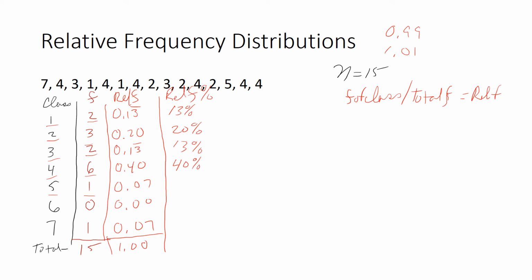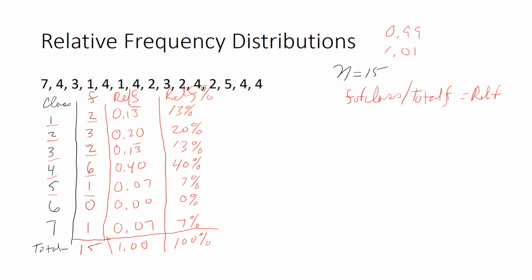Class of 5, frequency of 1, that gives us 7% of the entire distribution. Class of 6 with a frequency of 0 gives us 0%. There's nothing there. That's empty. And class 7 with a frequency of 1 gives us back to the 7%. As with this column, when we add this up, that will come to 100%. That'll be the total. And you can take a look at the data set, and I spell some stuff out.